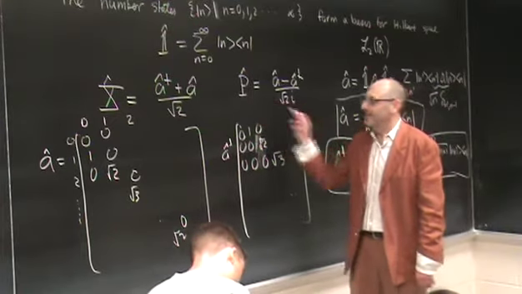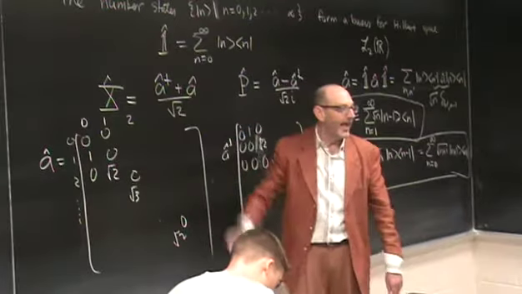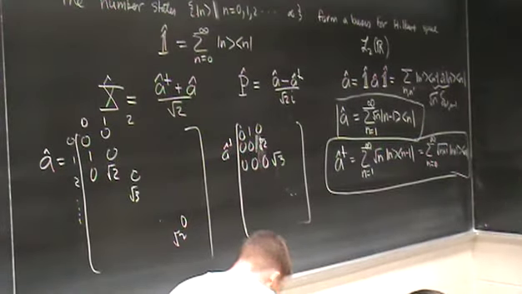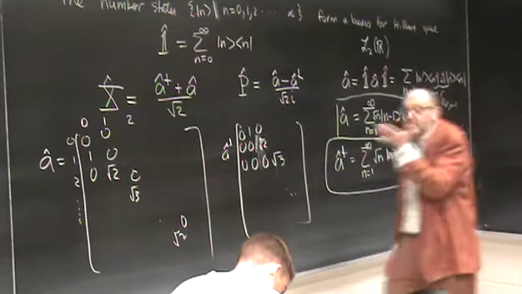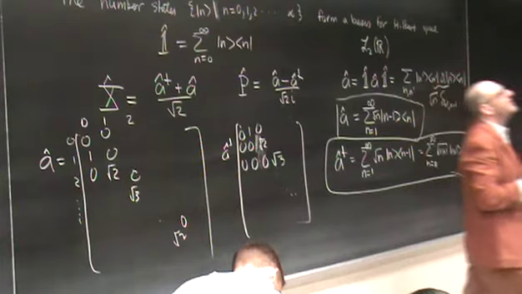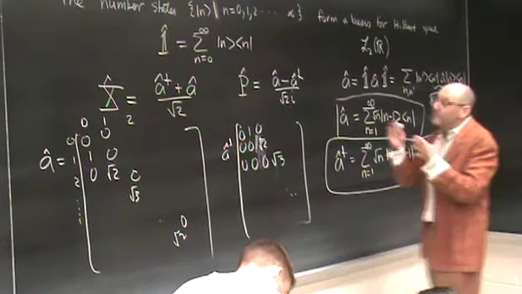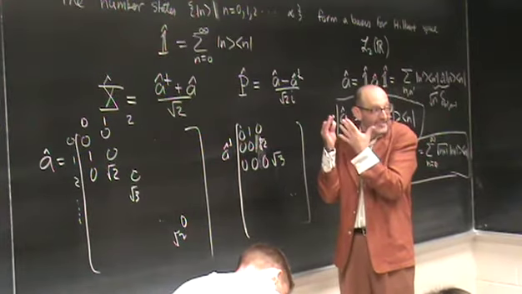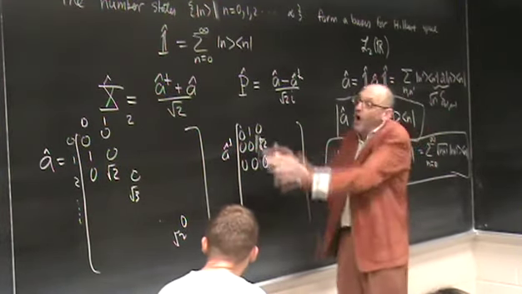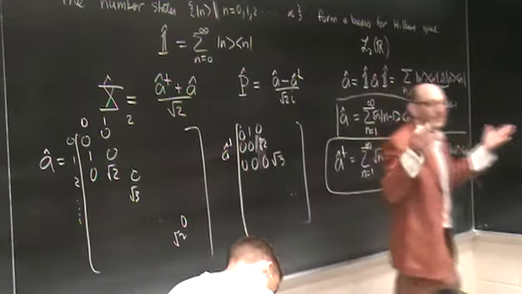And P is this minus that over that. So it'll have things on the upper diagonal and the lower diagonal, etc. So we can write X and P as matrices. These, unlike the position and momentum eigenstates, the number states are valid states of the Hilbert space. Okay? That's why we get a representation of X and P as matrices.